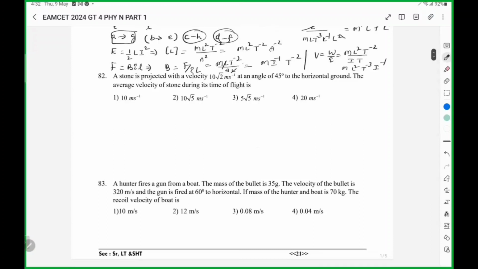A stone is projected with a velocity 10 root 2. Find the average velocity during its time of flight. Whenever they ask average velocity, it is net displacement by time.